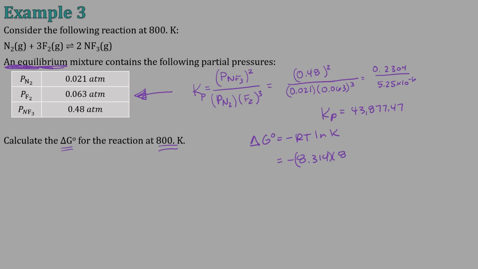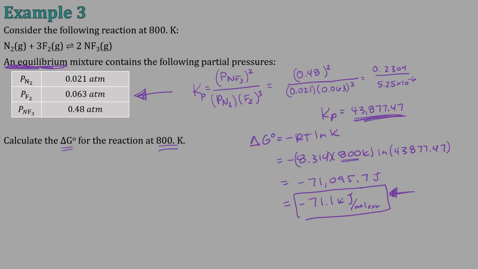My temperature is 800 Kelvin, and the natural log of 43,877.47. So this is going to give me negative 71,095.7 joules, which is going to be negative 71.1 kilojoules per mole of reaction.